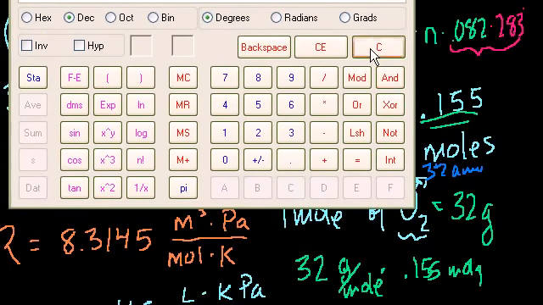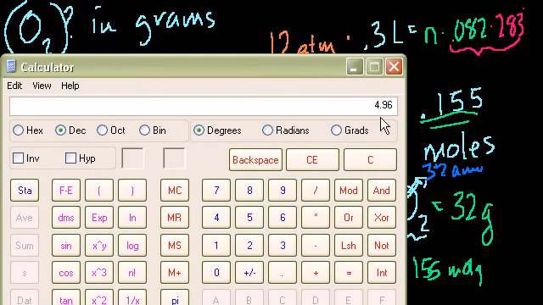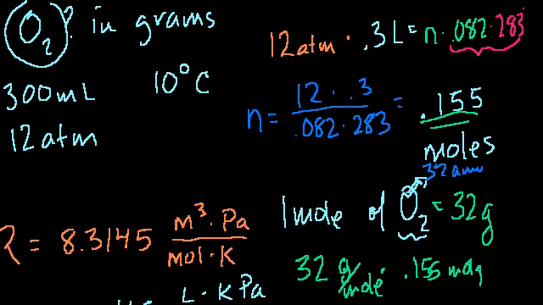So 32 times 0.155 is equal to 4.96 grams, or roughly 5 grams. So we have approximately 5 grams of molecular oxygen.